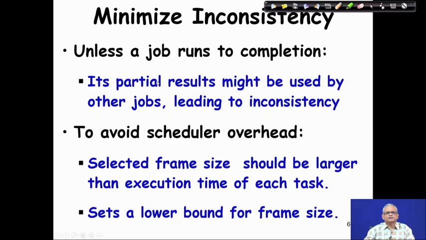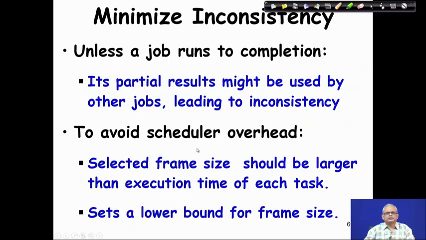In that case other tasks may run in between and they may use the partial results obtained by executing a task halfway, and that may lead to inconsistency. So, normally we would need that frame size should be larger than the execution time of every task.